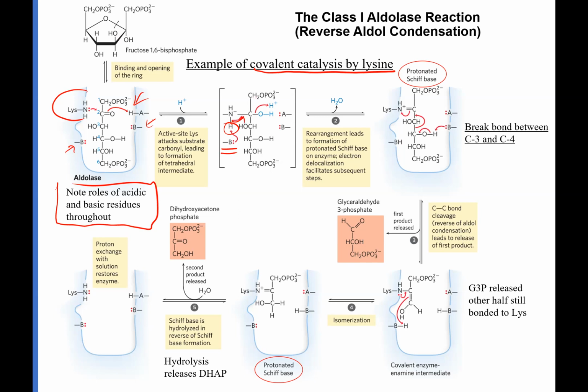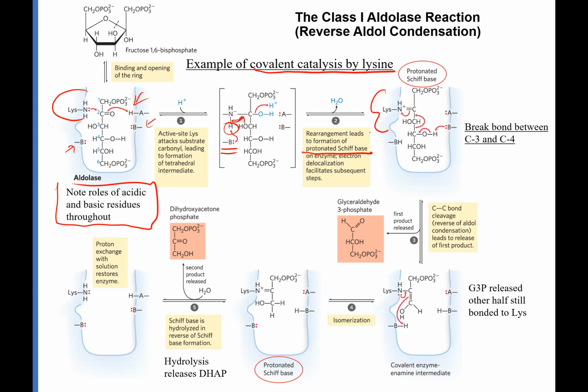So what does this give us? This gives us something called a protonated Schiff base. Apparently, this is a term biochemists like to use. And here it is, a protonated Schiff base is what you see right here. It is recognizable by this double bond between the glycolytic intermediate and the nitrogen of the lysine R group.